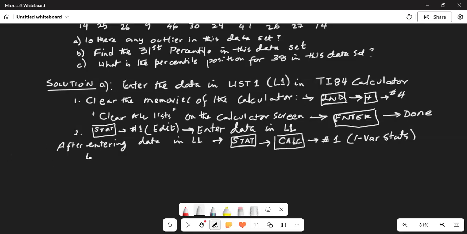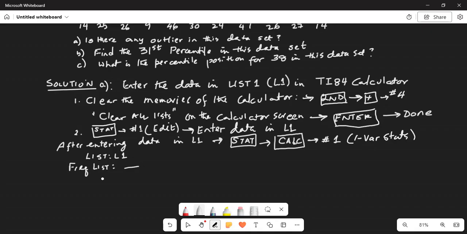Next screen, you will see these 3 lines. The list is always set at L1 where we have entered the data. The next line is called FREQ, short form of frequency list. This should be empty. Nothing should be there. So leave it empty. If it is not empty, make it empty by pressing the clear button, which is in the extreme third row of the calculator.